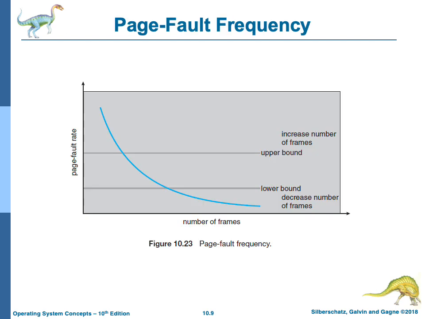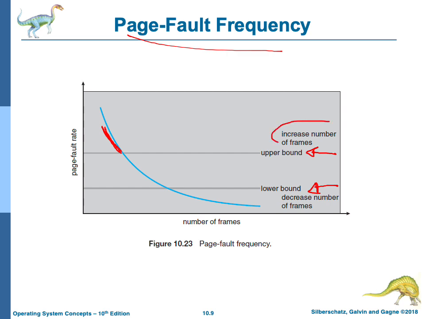And so another way to allocate frames efficiently is to monitor the page fault frequency of the process. And so we set some sort of upper and lower bounds on the page fault rate. So if the page fault rate goes above the upper bound, then we know that that process needs more frames.